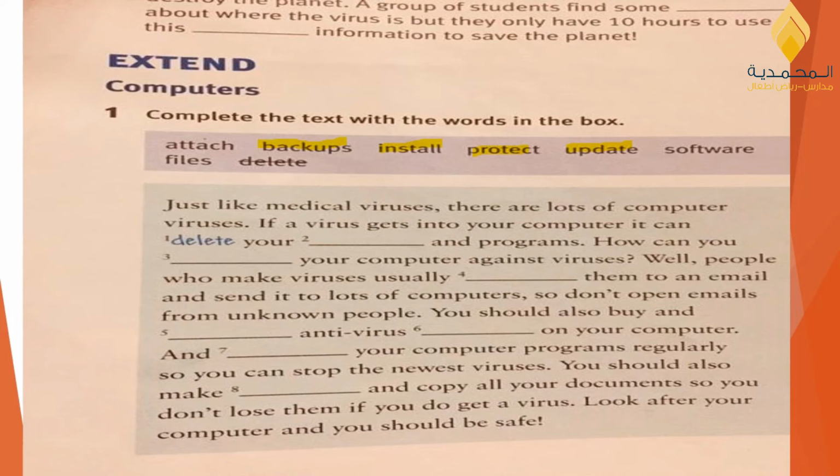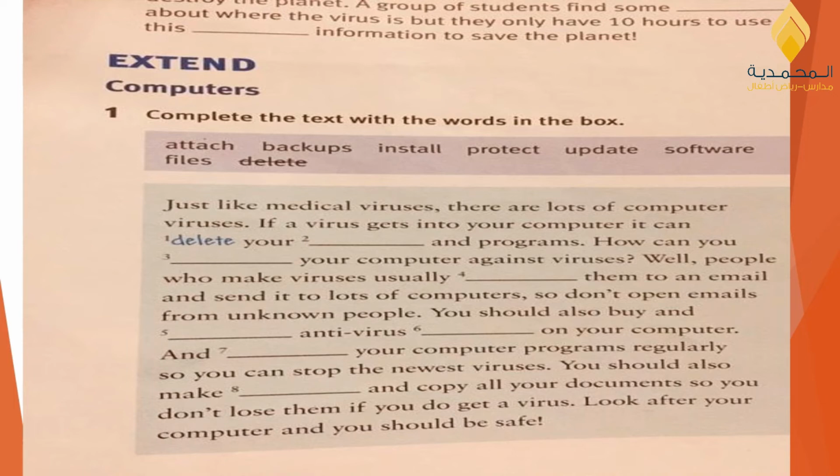Software are the programs that we use. Files are the folders that we could usually attach. And finally, delete means to cancel something. Now let's have a look at the activity and try to fill in the blanks.